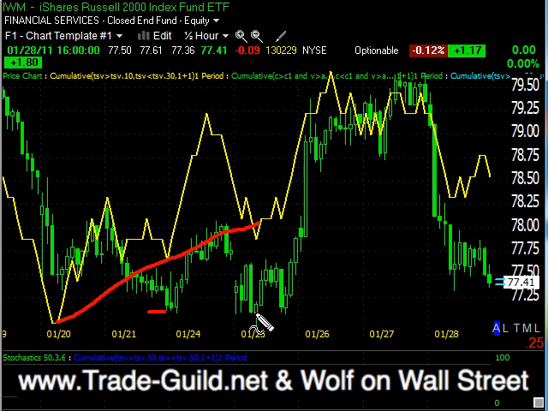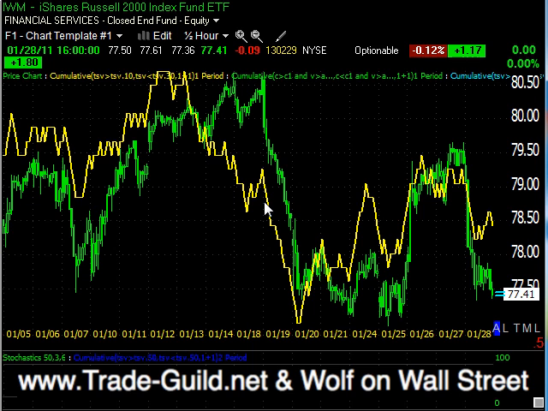Here's our relative areas here and here, and here's our positive divergence as 3C moves higher. If we were to back up a little bit, we see the same thing that we saw in the Qs, that negative divergence right here. Now this is a half-an-hour chart, so this is giving us the broad strokes. It's showing us quite a bit of accumulation here, so it's basically about a week's worth of bounce there.